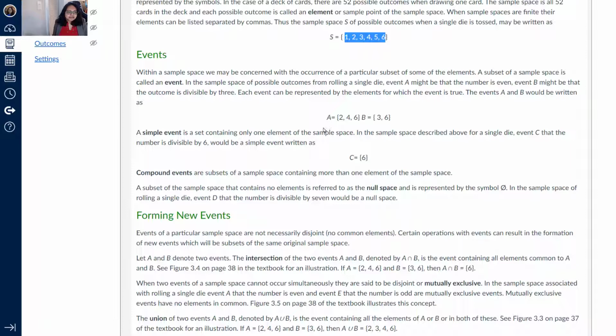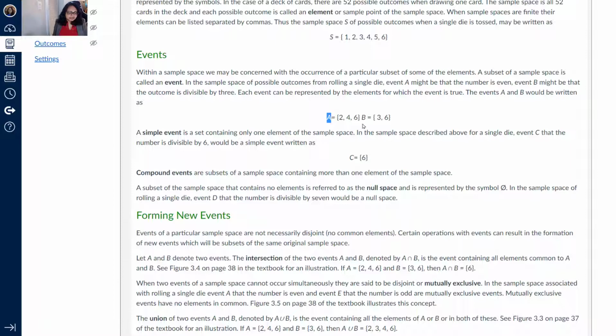So let's say, for example, you can see in this example that an event is a subset of the sample space. Whenever we are rolling a die, we give event A a name. That means A is the name of the event.